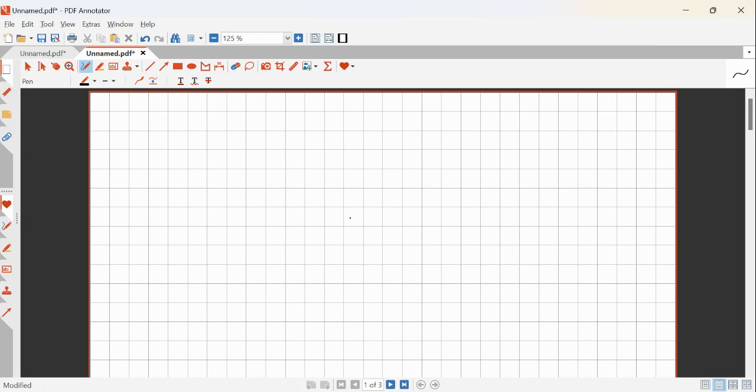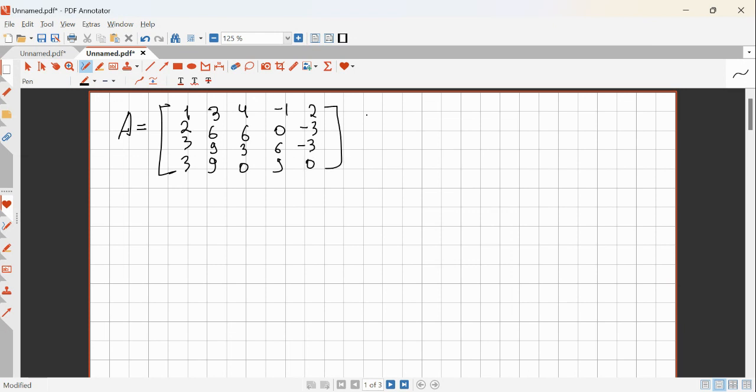So let's get commenced. Okay, let me write our matrices first. Its entries are 1, 2, 3, 3, 3, 6, 9, 9, 4, 6, 3, 0, -1, 0, 6, 9, 2, minus 3, 0.